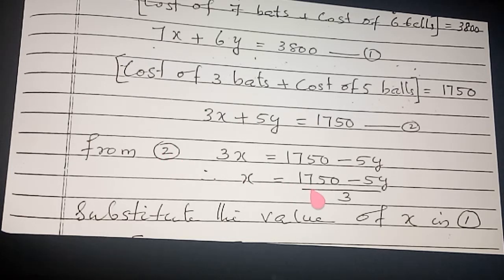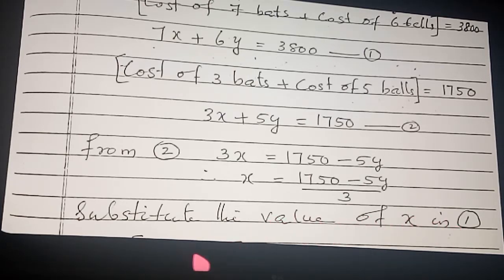So where will we substitute this value? In equation number 1. Because the value of x was taken from equation number 2, you will substitute it in equation number 1. Clear? See here. Substitute the value of x in equation number 1.